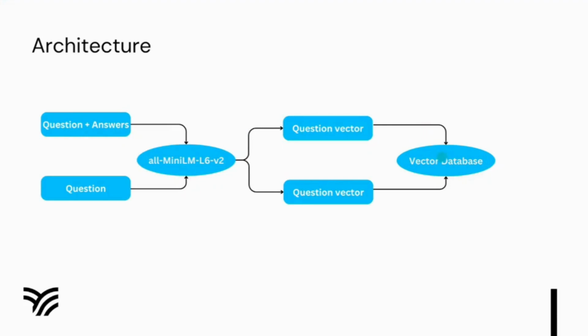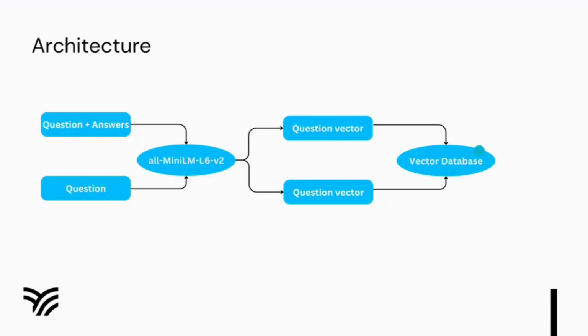the vector database. Later on, when the user asks a question, a similar process will happen. We will convert that question into embeddings or a question vector, and then query the vector database to find the similar question from the vector database.